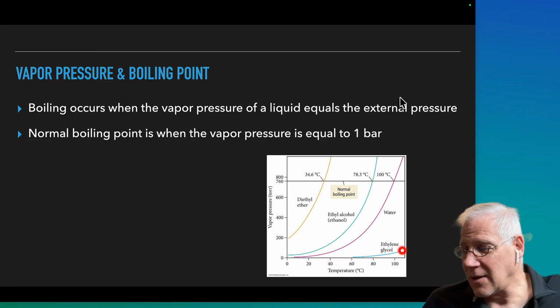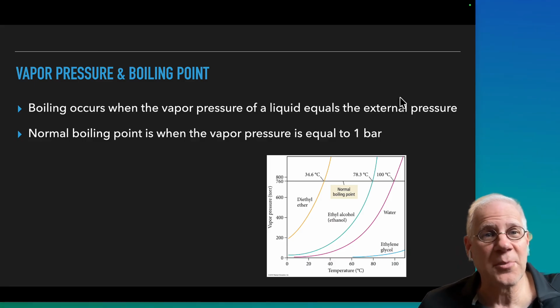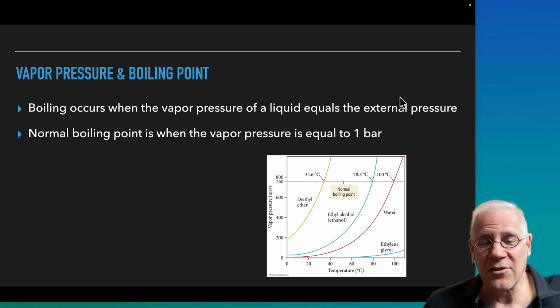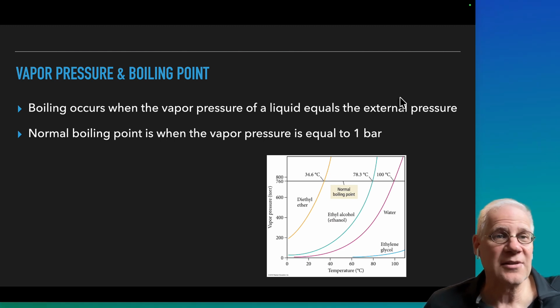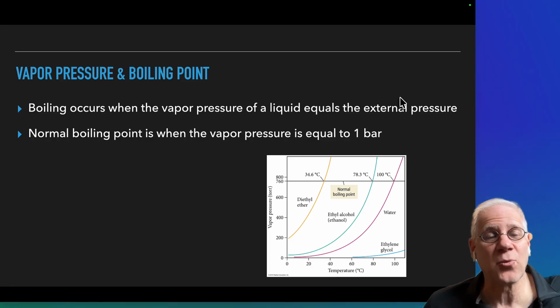It's very fluid, but it has a very high boiling point, and it's easy to have a very low freezing point as well, and so it serves as your antifreeze and keeps the coolant in your car from freezing during a cold winter.